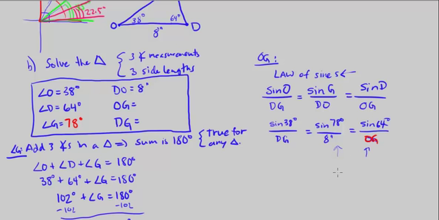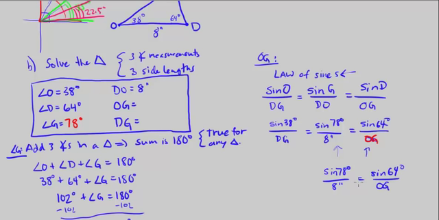So I'm going to ignore this one here and just have sine of 78 degrees over 8 inches equals sine 64 degrees divided by side OG. Okay, so now that we have this equation, we can solve for this one unknown. Remember, this is not O times G. This is side OG, right?